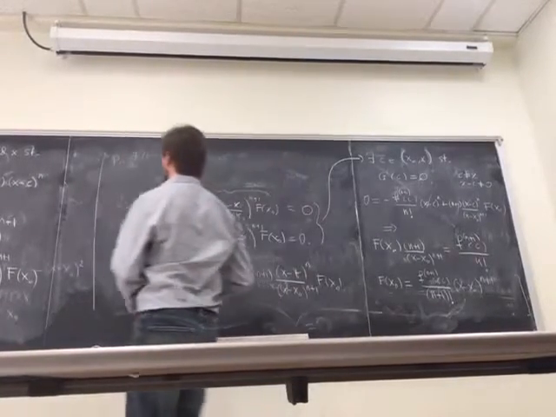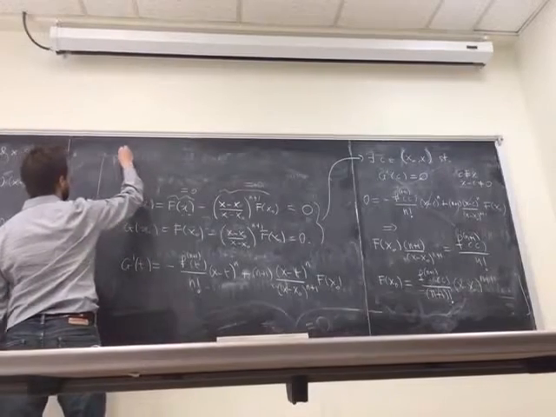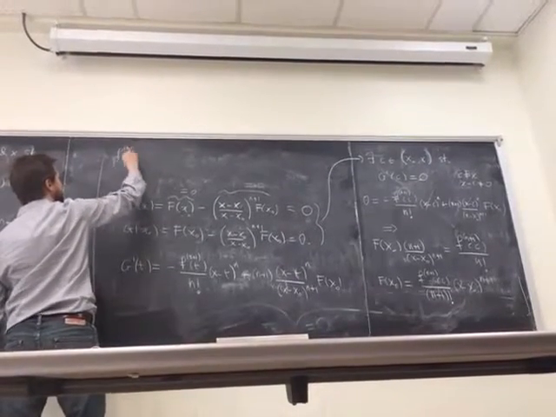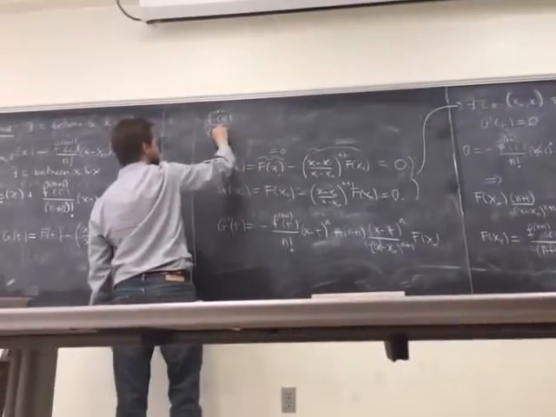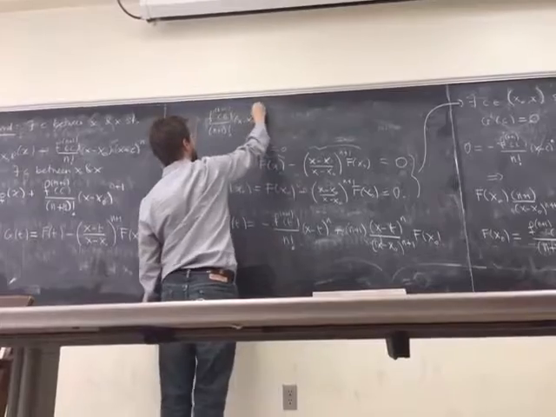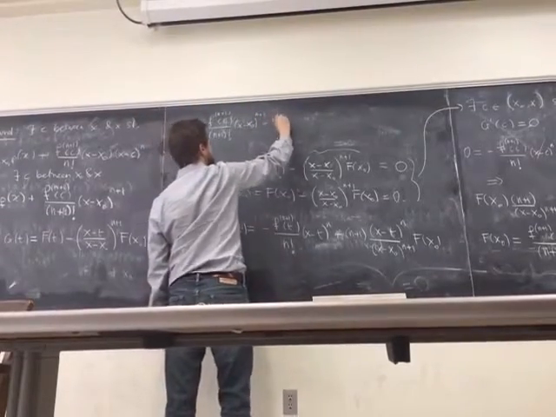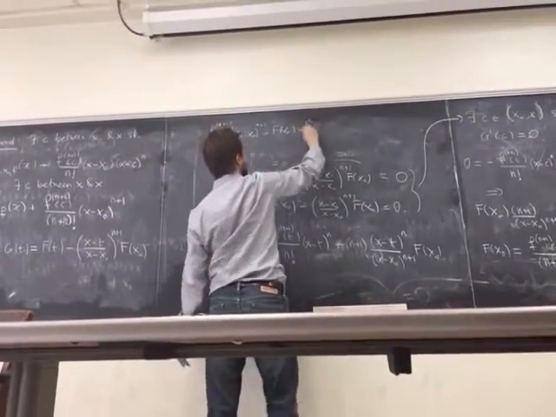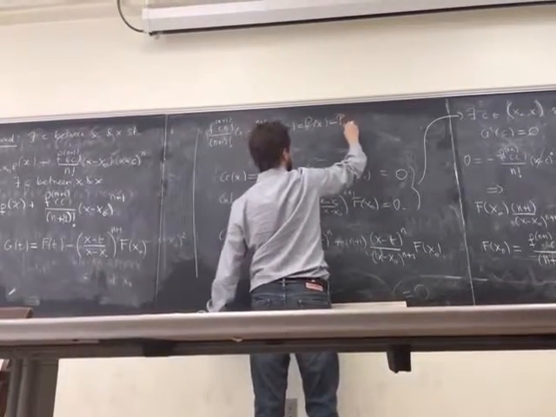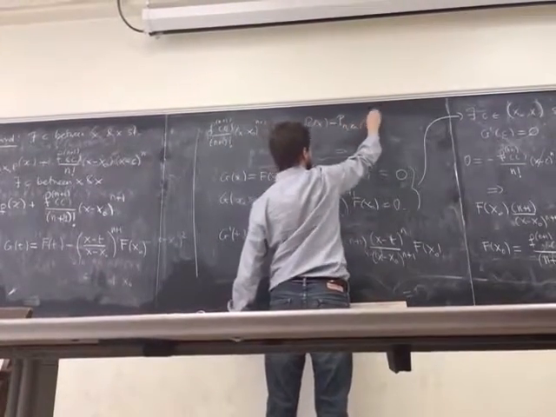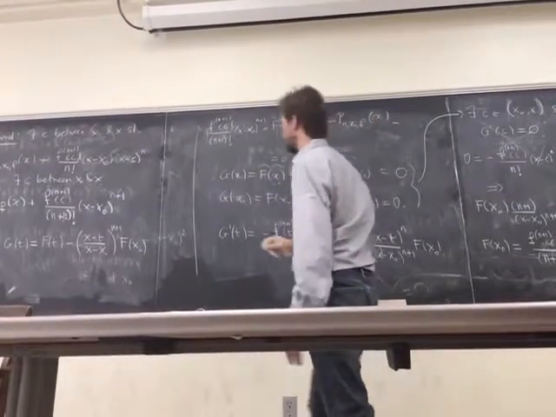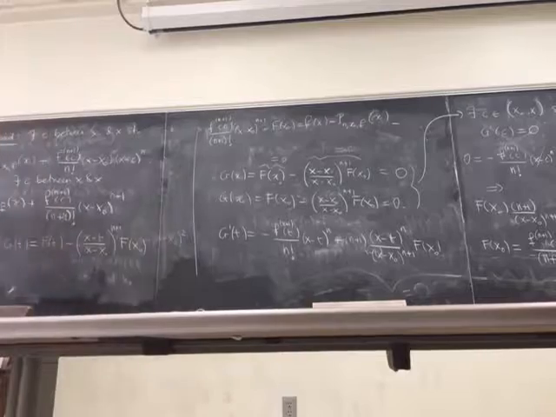So we have proved that f^(n+1) of c over (n plus 1) factorial times (x minus x naught)^(n+1) is equal to f of x naught, but f of x naught, as written over there, is just f of x minus the Taylor polynomial centered at x naught of f computed at the point x. Right? So this is what f of x naught is.